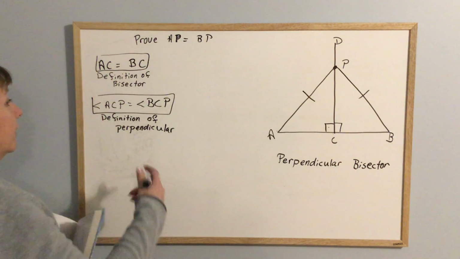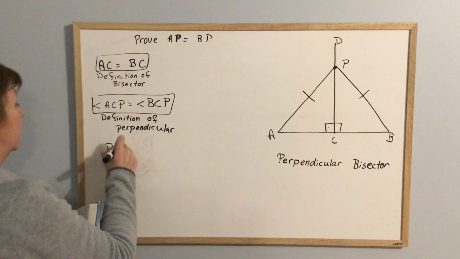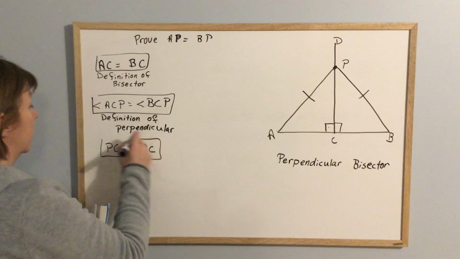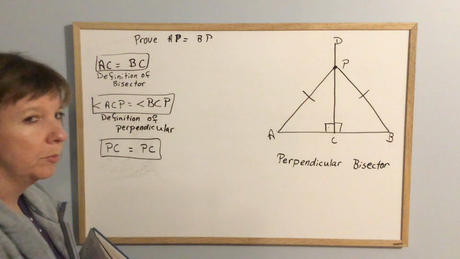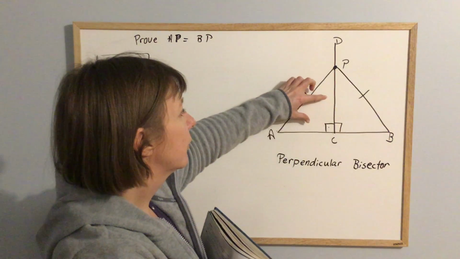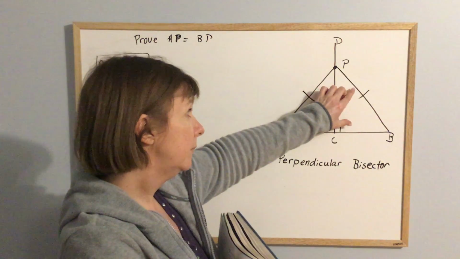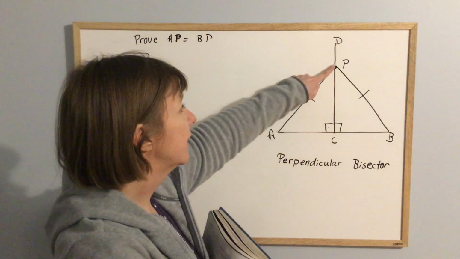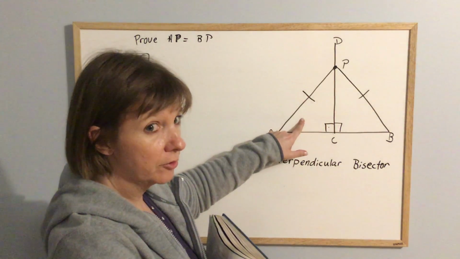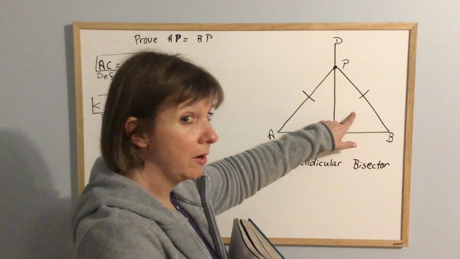Then they say PC is equal to PC. So why are they making a stupid statement like that? Well, because this is really two triangles. It's a triangle on this side, and it's a triangle on this side. And that line PC is part of this triangle, but it's also part of this triangle.